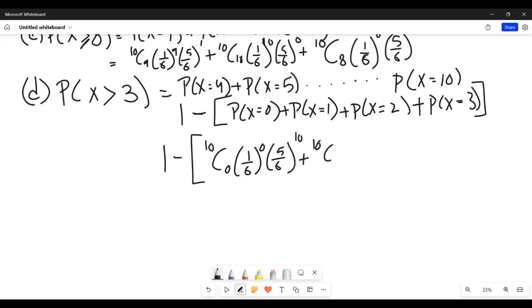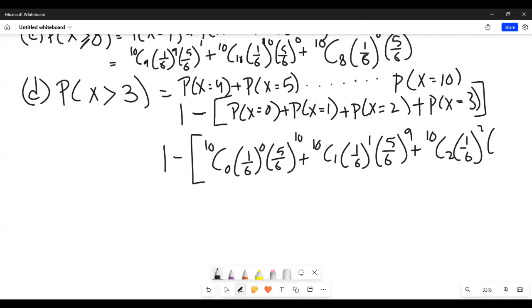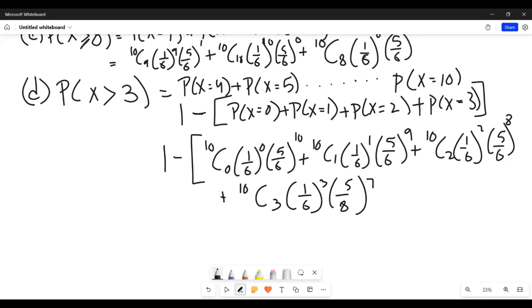Then 10C1, 1 by 6 power 1, 5 by 6 power 9. Then 10C2, 1 by 6 power 2, and 5 by 6 power 8. And then 10C3, 1 by 6 power 3, 5 by 6 power 7.